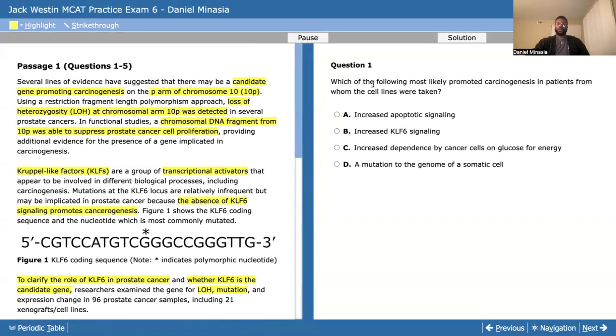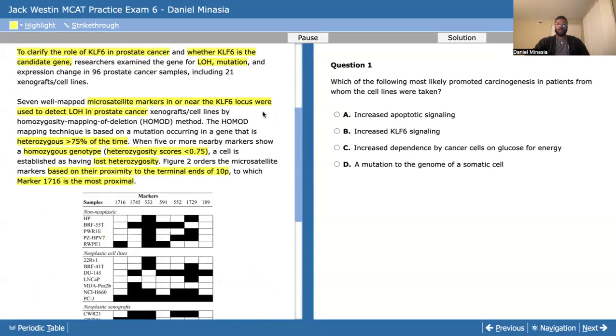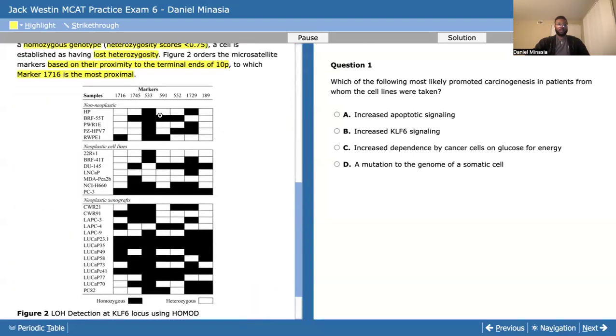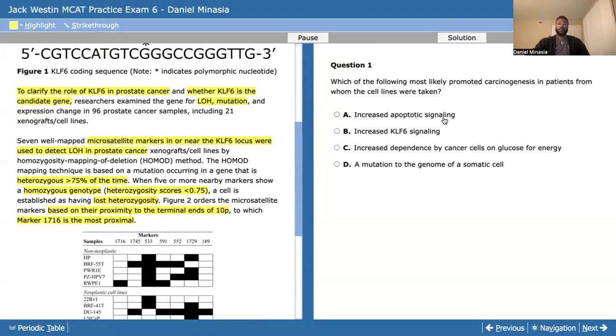So really quick, question 1. Which of the following most likely promoted carcinogenesis in patients from whom the cell lines were taken? So increased apoptotic signaling. Wrong answer. Increased apoptotic signaling will never promote carcinogenesis, ever. In case you don't know, apoptosis is programmed cell death.